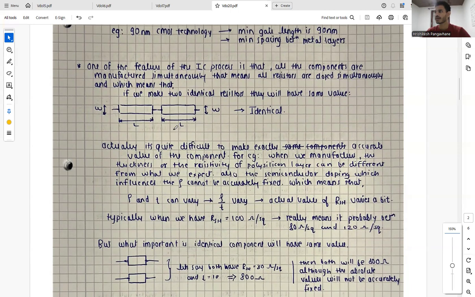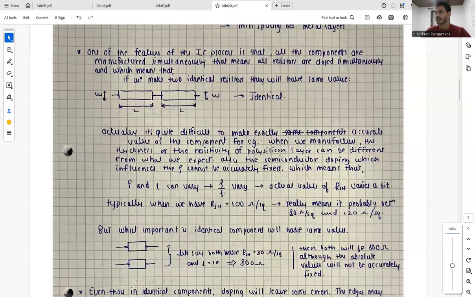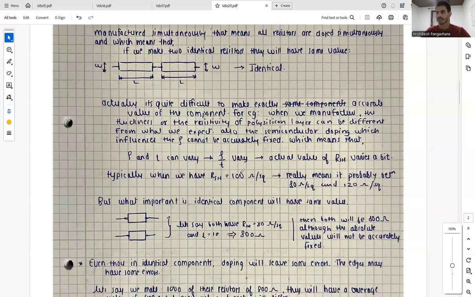Also the semiconductor doping, which influences the resistivity, cannot be accurately fixed, which means the resistivity and the thickness can vary, and thus our sheet resistance can vary. Typically when we have a sheet resistance of, let's say, 100 ohm per square, it really means that it is probably between 80 to 120 ohm per square. But what is important is that identical components will have the same value.